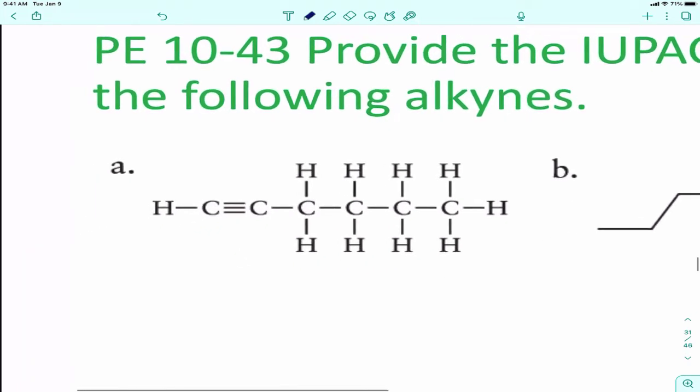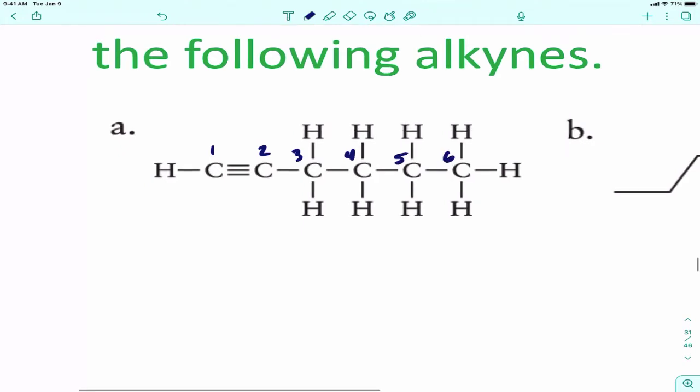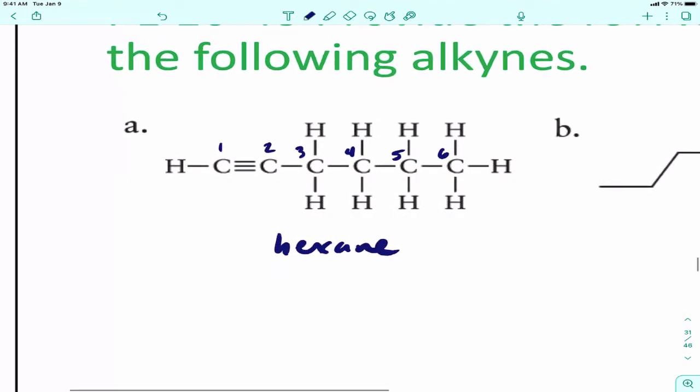All right, so first off, for structure A, it looks like the triple bond is on the outside. So what I'm going to do is number this to count the number of carbons in the longest carbon chain. If I number this from left to right, this gives us 1, 2, 3, 4, 5, 6, and we're good. So the longest carbon chain, if we name this as an alkane, should be hexane. But we know that we don't have a hexane.